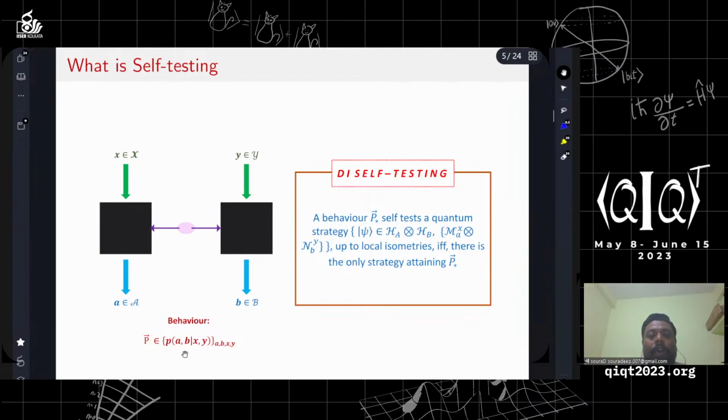From now on, I will omit the term conditional; this is the joint probability distribution of these two black boxes. Now the formal definition is that up to local isometry, which I will talk about, we can characterize this black box by only seeing this behavior.